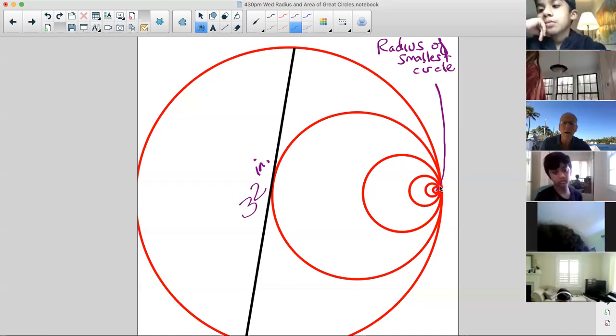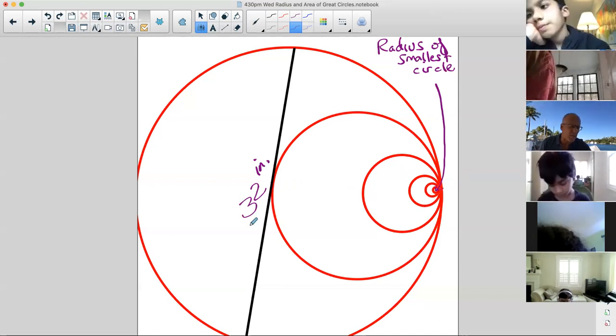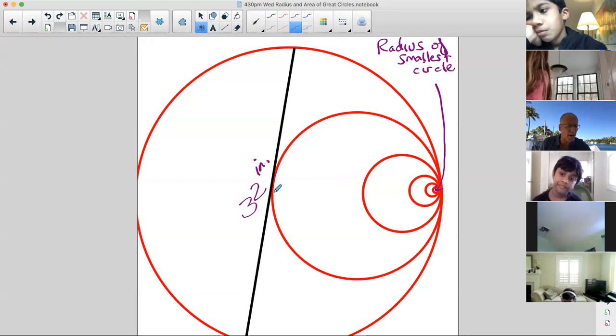So how would I figure out the smallest circle if I don't know what any of the other circles are? Well, we know that the diameter of the first circle is 32. So therefore, the diameter of the second circle must be what?